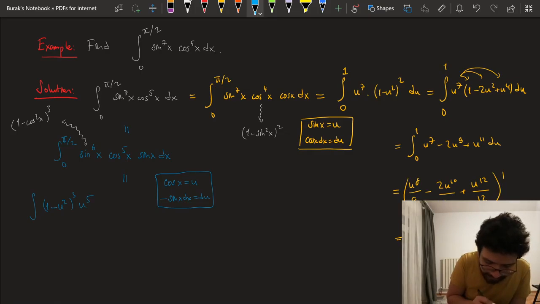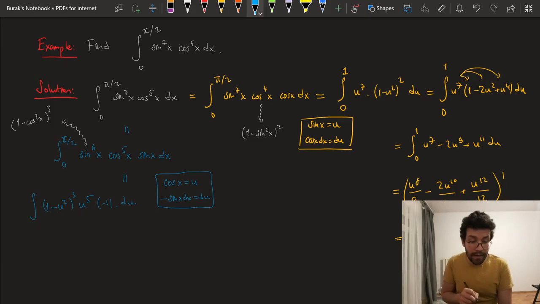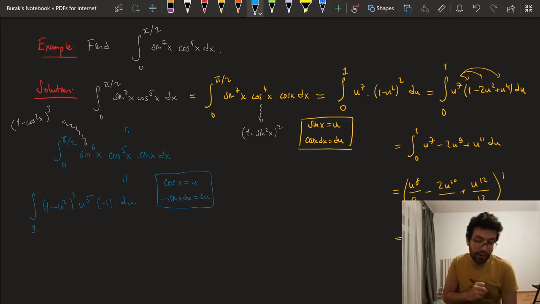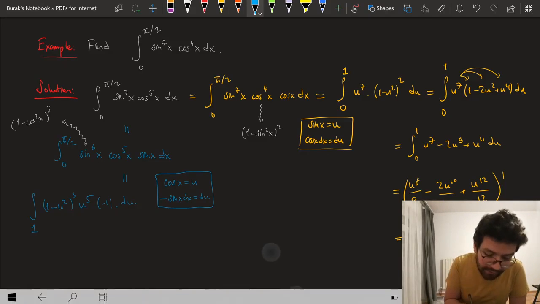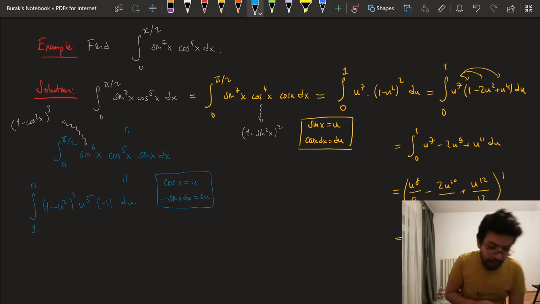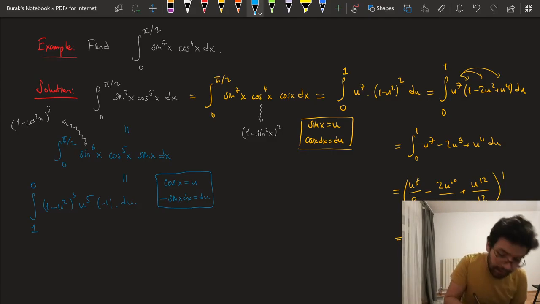And instead of sine of x dx, I'm going to write minus du. So I have minus 1 times du. And as for my bounds, if you plug in 0 for x, you're going to get that u is 1. And if x is pi over 2, then u is 0. And now compute this definite integral.